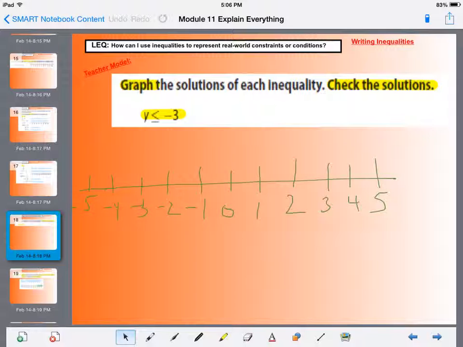Now, this is telling me less than or equal to -3. So automatically, I'm going to go to -3 on my number line. This less than or equal to means that I'm going to have a closed circle because my answer could include -3. y is going to be less than or equal to -3. So all the numbers that are less than -3 are on the left-hand side of my number line.